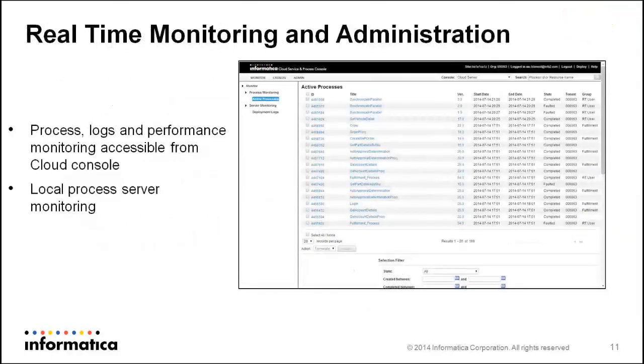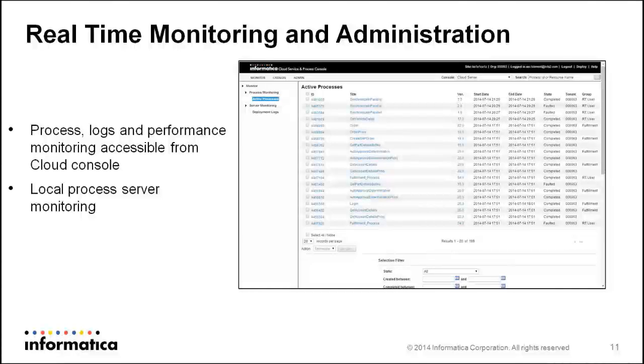This does come with very strong real-time monitoring capabilities as well. You can not only look at the logs and activity logs that you are used to with Informatica Cloud, but now you can also drill down into individual processes to figure out where your process is at any given point in time. This is very valuable for long-running business processes, because you want to know where your processes are at any given time, and you want to troubleshoot them.